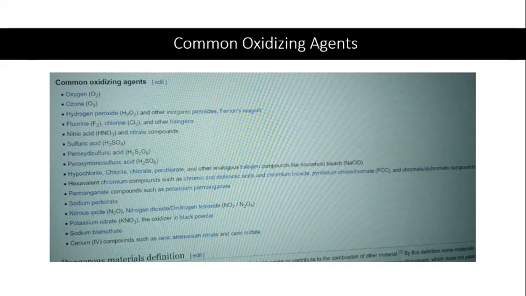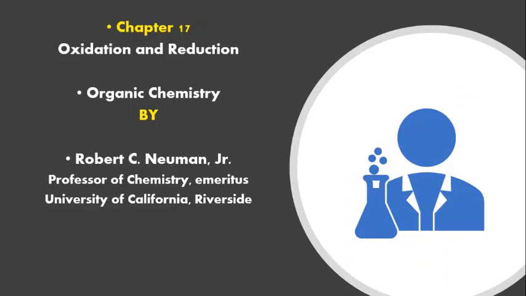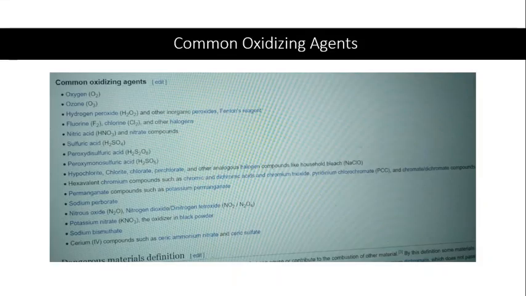Some of the oxidizing agents are KMnO4, HNO3, H2O2, peroxides, similarly periodinane. These are the kinds of oxidizing agents that we usually use in organic chemistry.